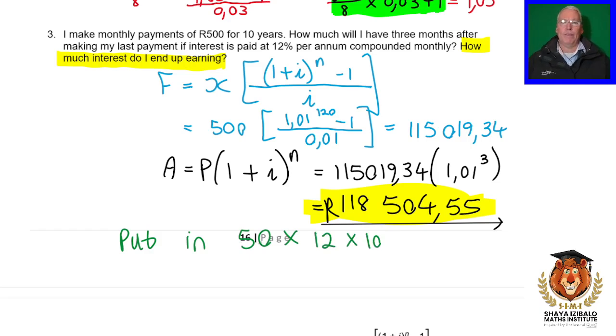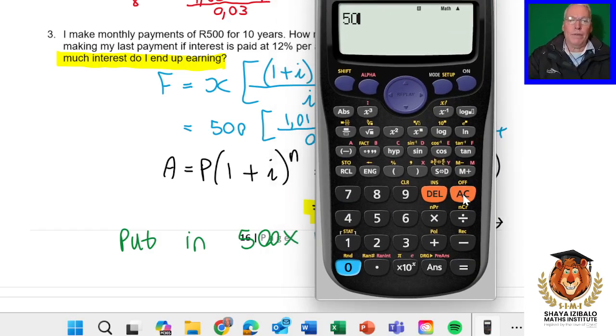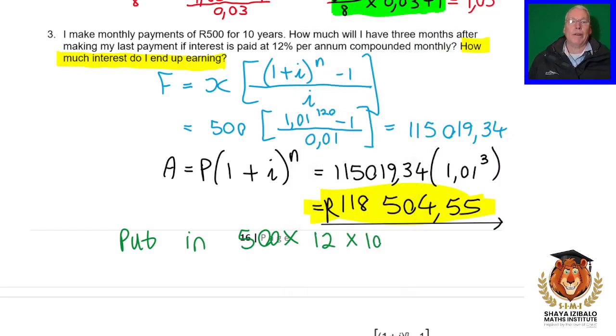Okay, so 500 times 12 times 10. Let's work that out. We've put in 60,000 Rand, and we've ended up with 118,504.55. The difference is interest.